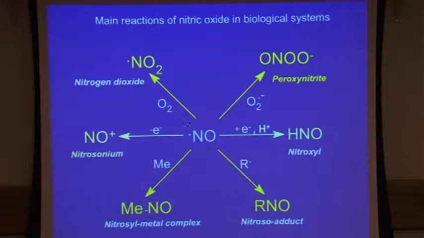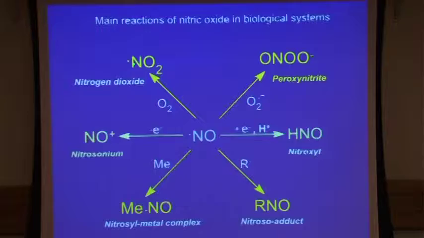And more than that, nitric oxide can evolve to secondary species, what we call nitric oxide-derived oxidants, including nitrogen dioxide radical. The reaction of nitric oxide with superoxide radicals leads to the formation of peroxynitrite, which is a potent oxidant.